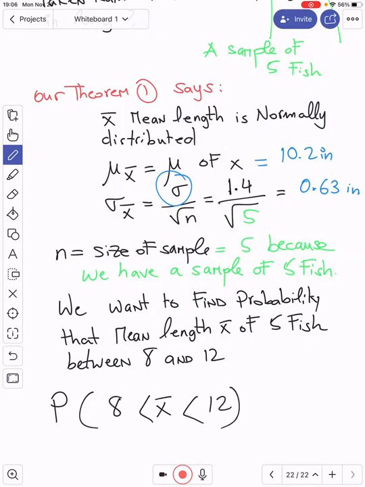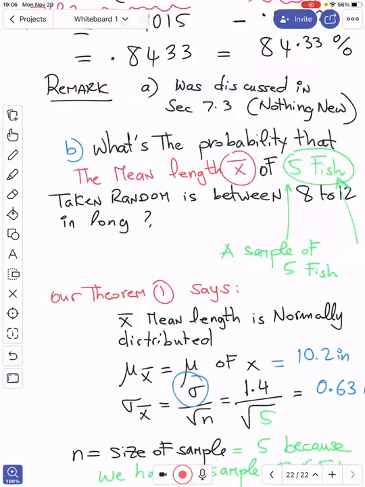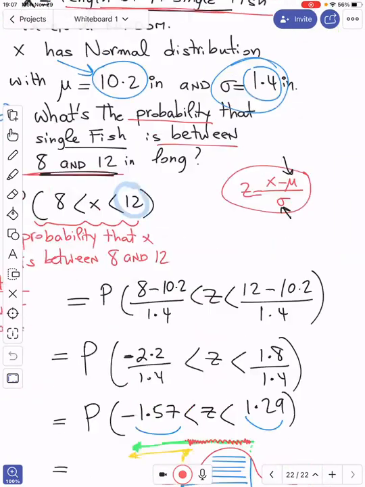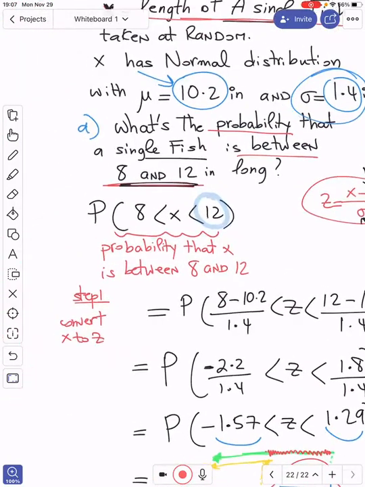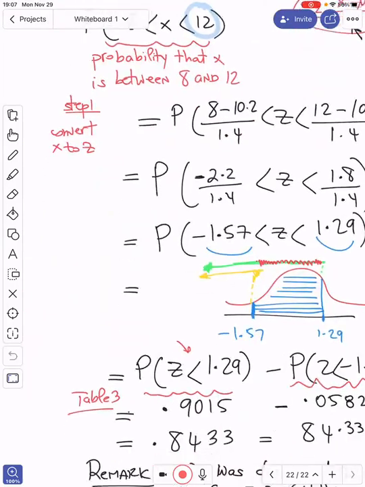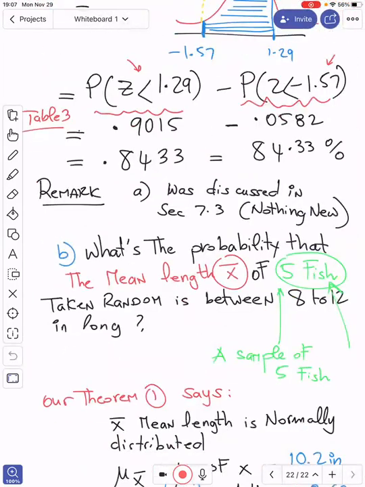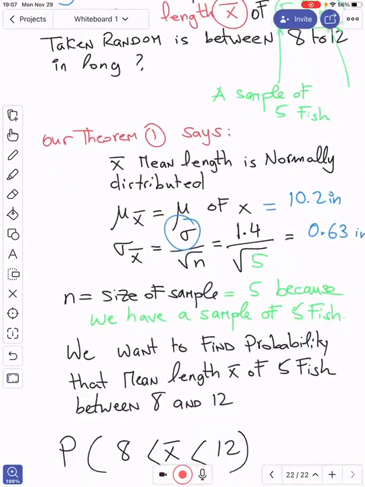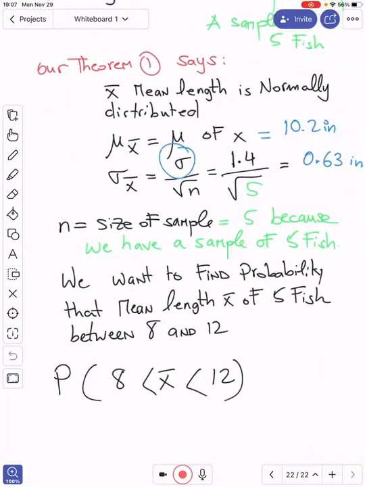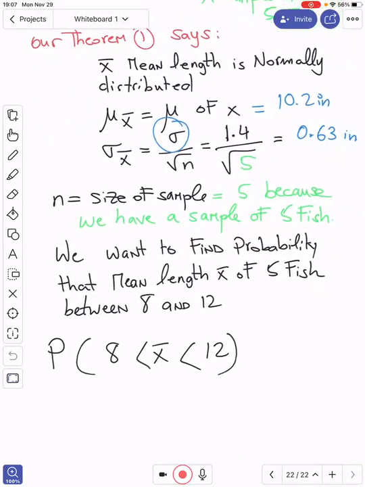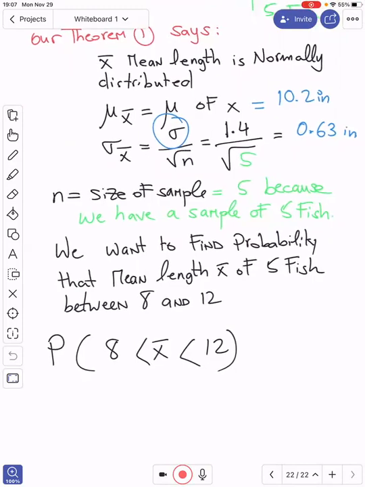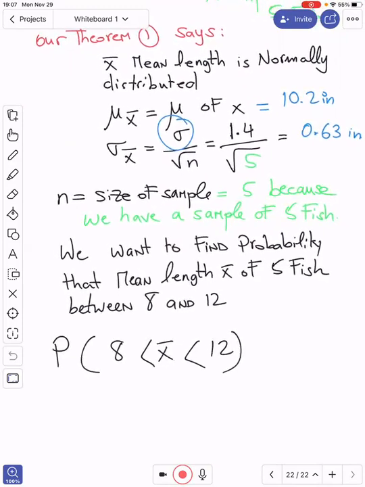So this is very different from A. In question A, it's the probability that x is between 8 and 12. x is the length of a single fish, just one fish, right? In B, we are interested in the mean of our sample of 5 fish. We want the probability that the mean length of the 5 fish is between 8 and 12.